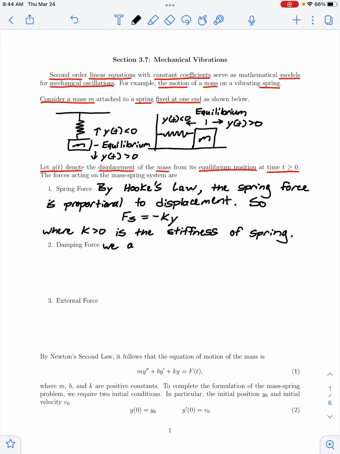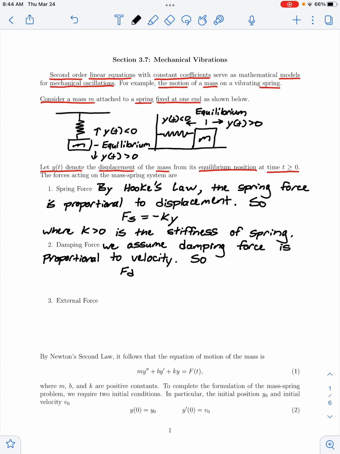So here we assume that our damping force is proportional to the velocity of our mass and acting in an opposite direction of the direction of motion.